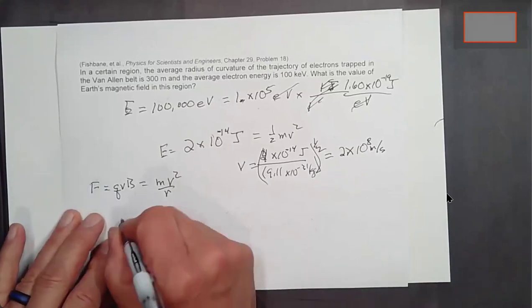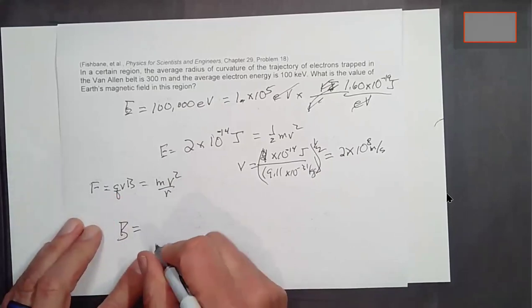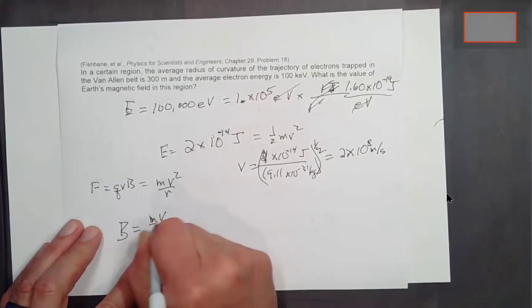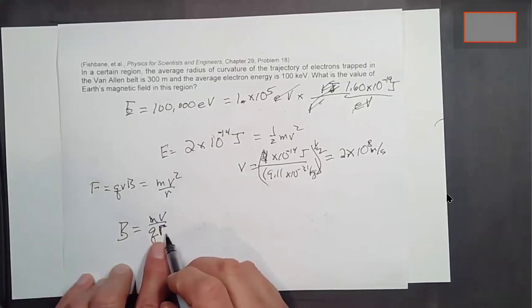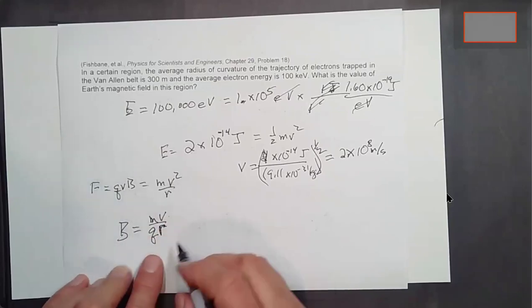So now the magnetic field strength, if I divide by Q, it's going to be MV over QR, where that's the radius of curvature of this thing. And it's only a V because there was a V here and I divided it out.